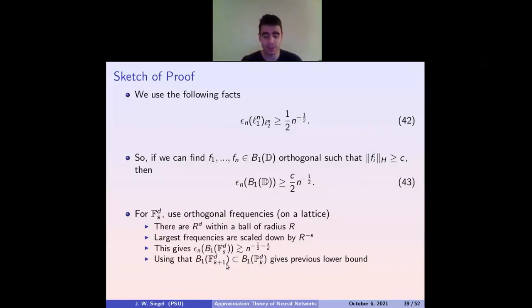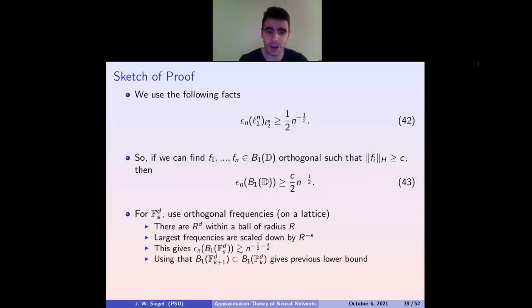By taking these orthogonal frequencies, you can get a rate of n to the minus 1/2 minus (k+1)/d. So by choosing these f_i to be orthogonal frequencies in this convex hull, they have to decay at a certain rate depending upon which power of ReLU you're using. You can obtain the previous lower bound.